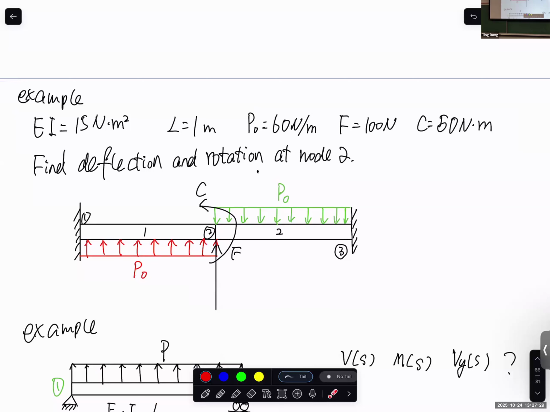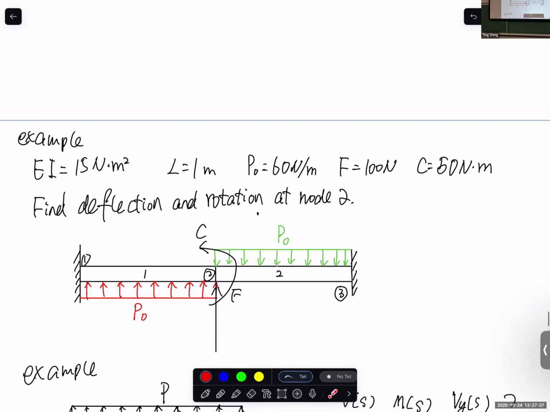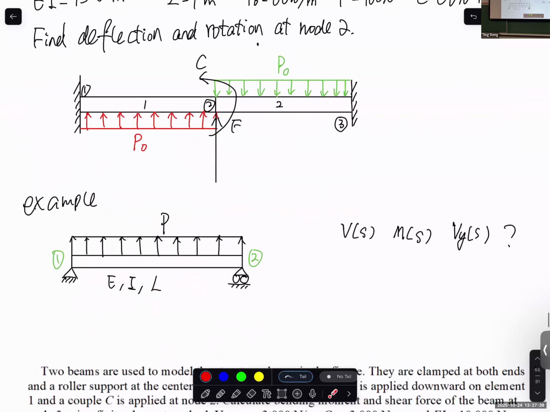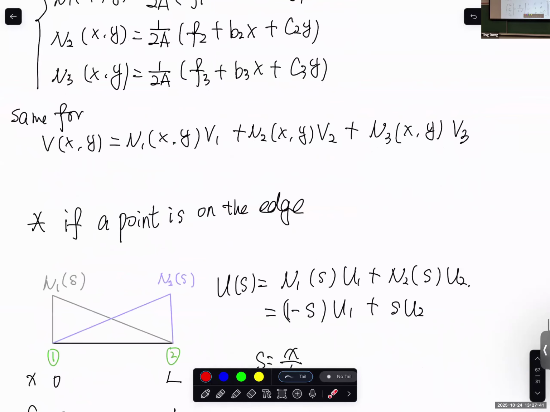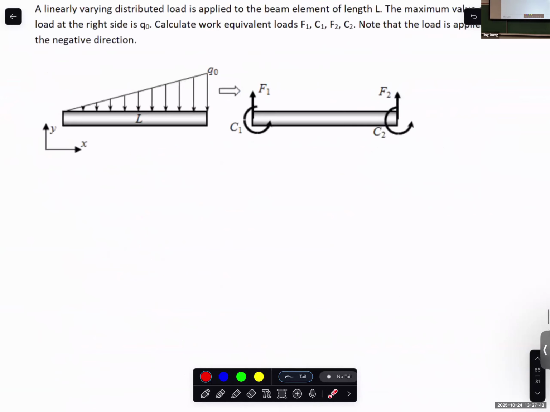And combine everything together, we have more of a real life problem. We have the boundary condition. What do you mean by opposite direction? Like this?